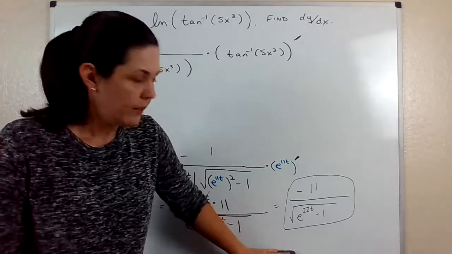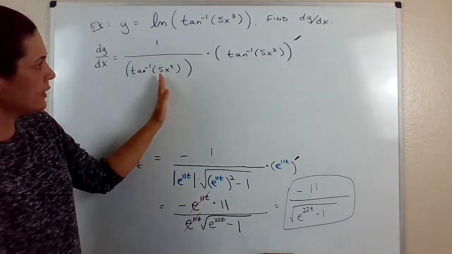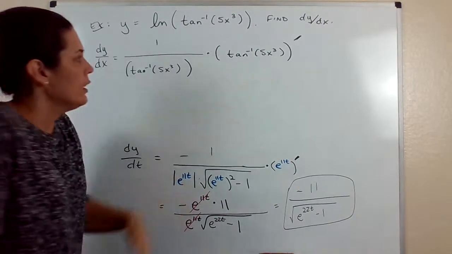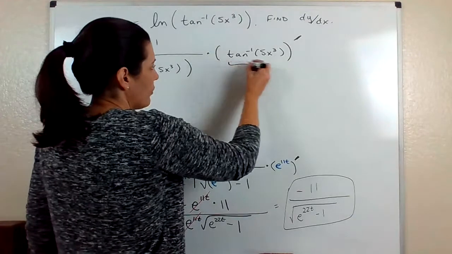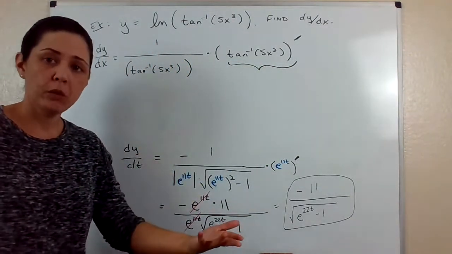So this part stays in my answer. What I'm going to do is focus my attention on what I still need to differentiate, which is this part. Now I have to focus on what is the derivative of tangent inverse. We're going to go back to what we just learned.